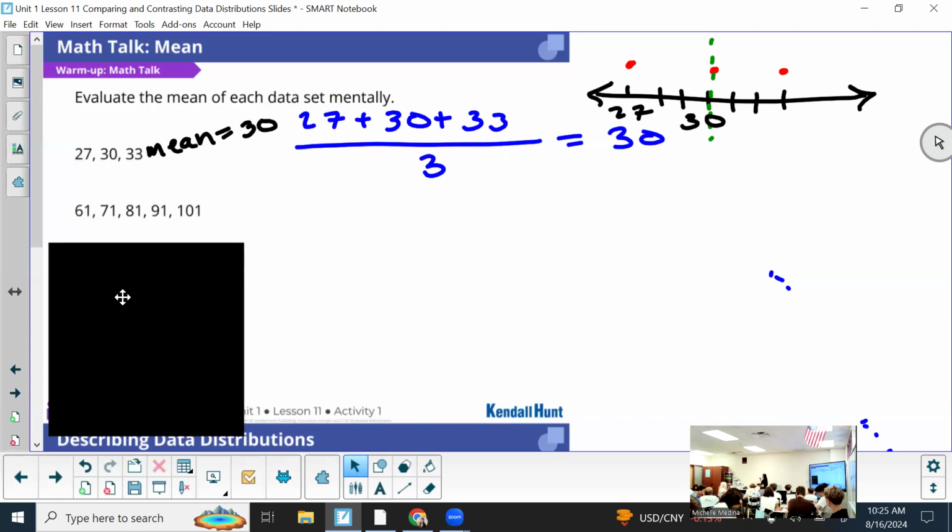When you think you know the answer, put your thumb up. If you're looking for the sum.